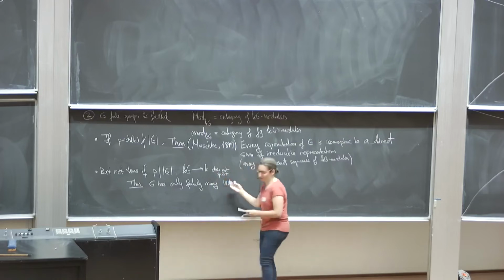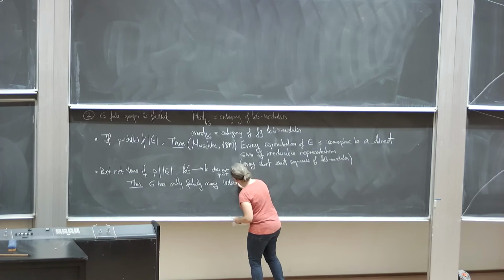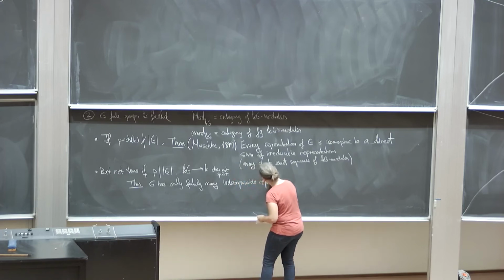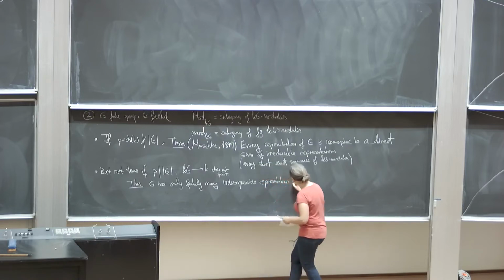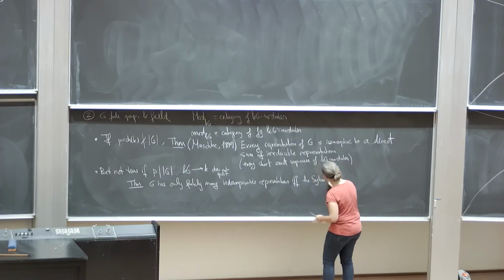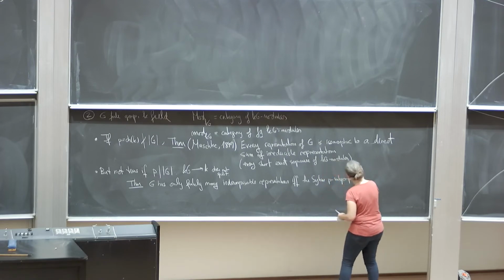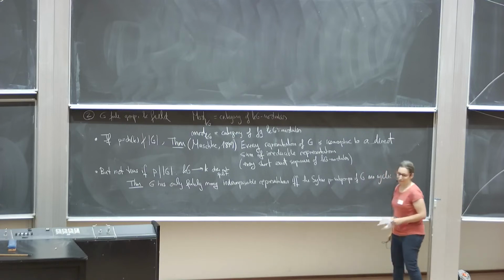Now the goal, since they are not the same, is to try to understand indecomposable representations, if and only if the Sylow p-subgroups of G are cyclic. And it's an if and only if.